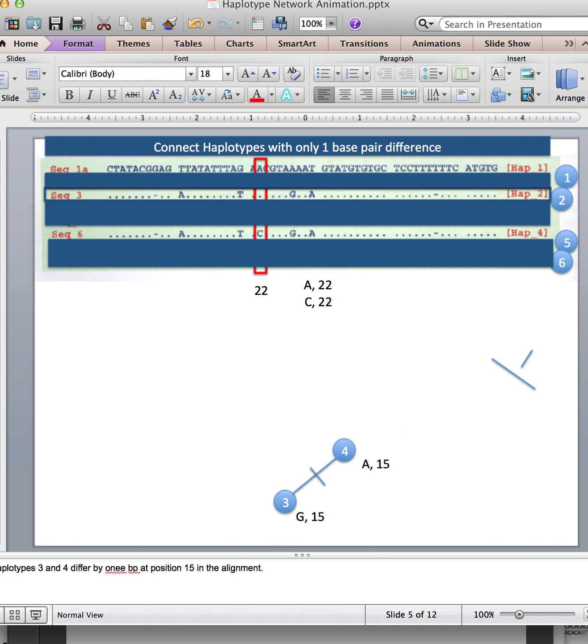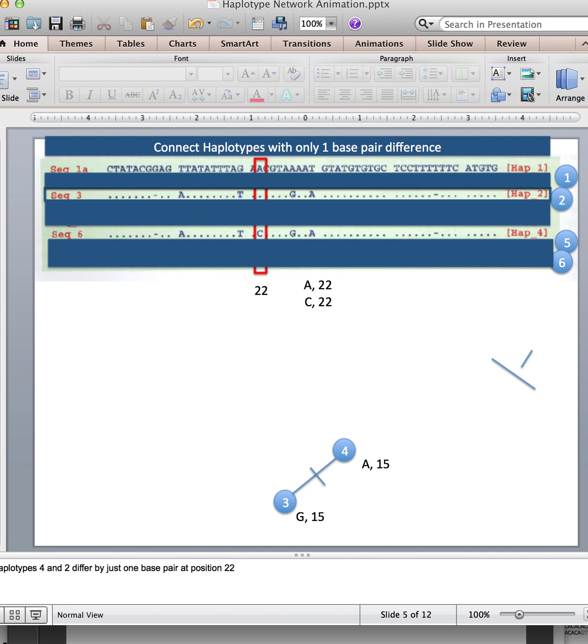Okay, so we're connecting all the haplotypes that have only one base pair difference, and now I can see that with respect to number 4, 2 has one base pair difference, right?